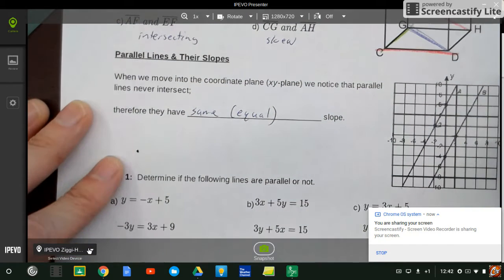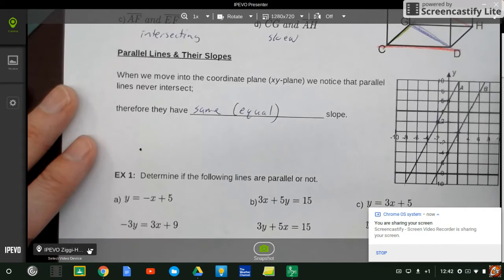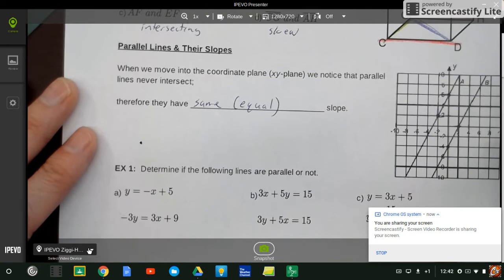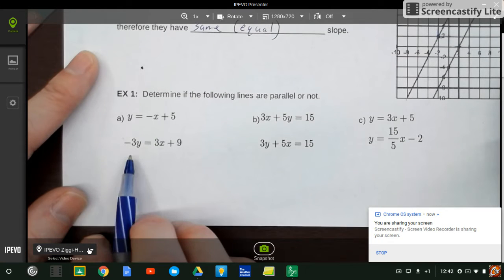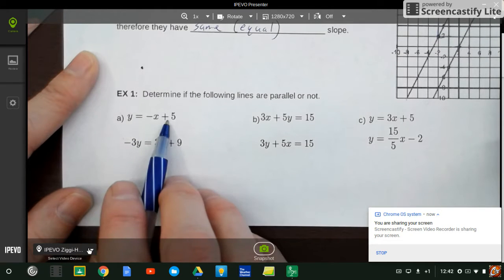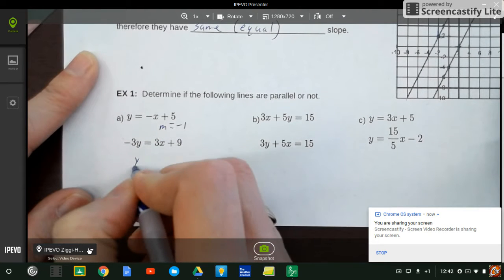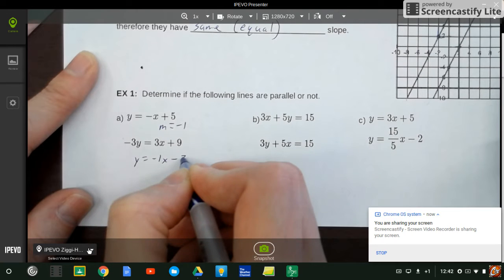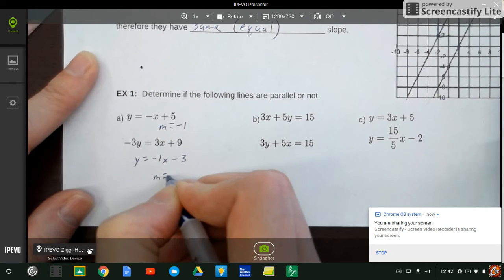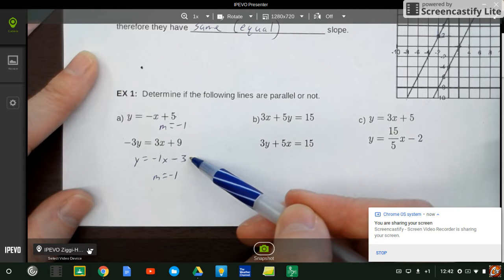Okay, so parallel lines always have equal slopes, which makes it really easy to determine if lines are parallel or not, just from the equations. Like I can look at this equation, that one's in y equals form, so this one has a slope of -1. If I put this into y equals form, y = -1x minus 3, they also have a slope of -1. Notice they have two different y-intercepts, so they're not the same line.